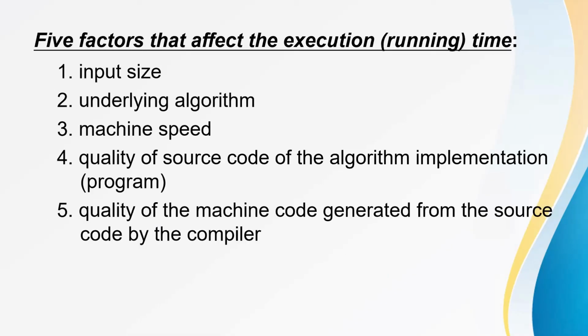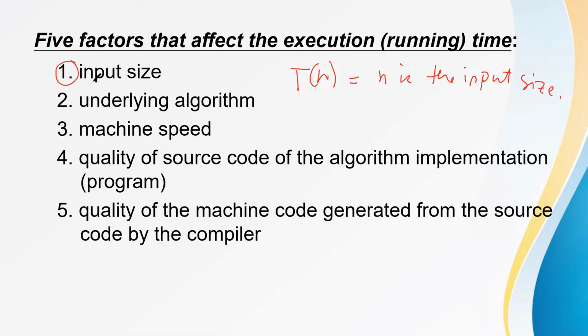Now, in our time function, t of n, recall that n is the input size. From our time function notation, we could say that the input size of the algorithm determines the running time of the program. But in reality, there are actually 5 factors that affect the execution or running time of an algorithm or program.